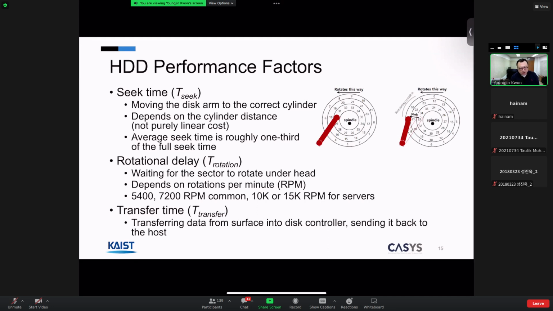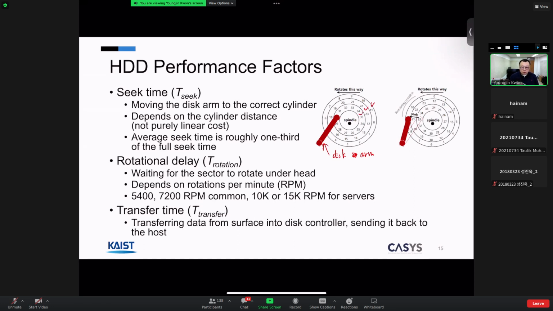The hard disk spins, and when you are reading a file, you have to move through this, the disk, with the mechanical motor that's moving around these tracks.